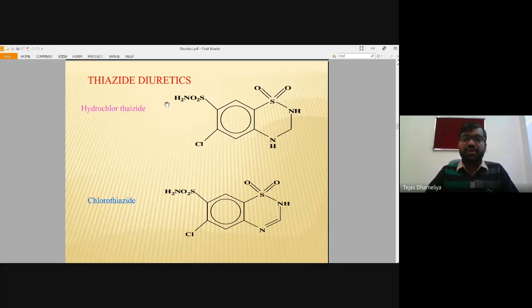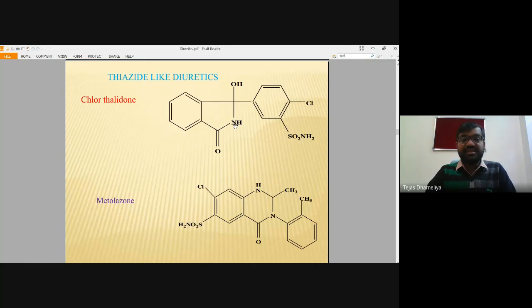Thiazide-like diuretics don't have this 6,6 bicyclic system or the 1,1-dioxo tetrahydro thiadiazine. That is present in thiazides, but the same is not present in these. But their mode of action is perfectly similar to thiazide diuretics. So that's why they are termed as thiazide-like diuretics.